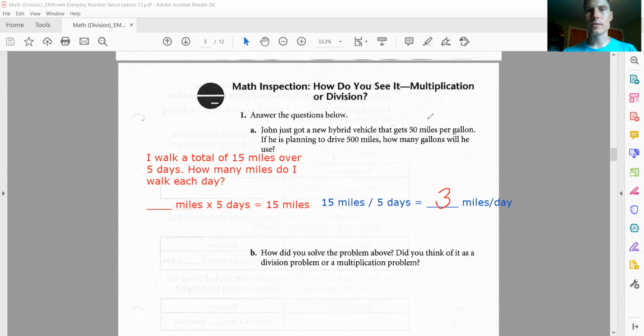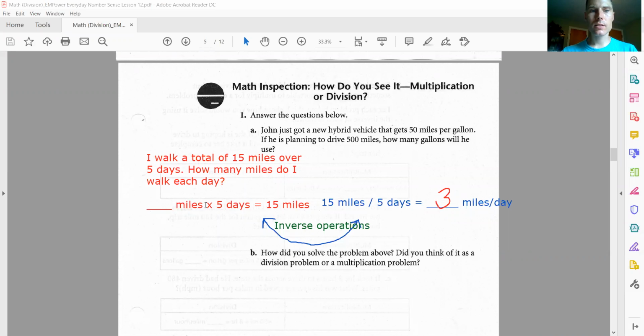That means these are inverse operations. Let me type that out so when you see this on your quiz, you'll recognize it. Multiplication and division are inverse operations. So 15 divided by 5, or 15 miles in 5 days, is an average of 3 miles per day.